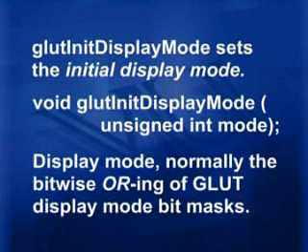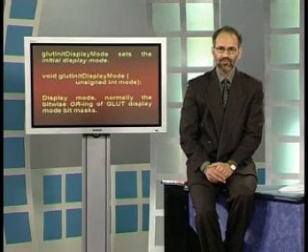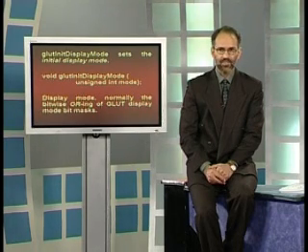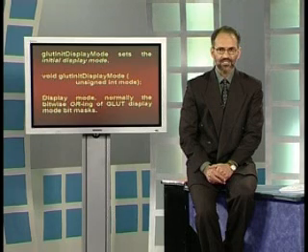The display mode is normally the bitwise OR-ing of GLUT display mode bit masks. This is the function GLUT provides to set our initial display mode, and we can have one of many available choices. The parameter you pass is the desired display mode, which is an unsigned integer. So this would always be an unsigned integer.